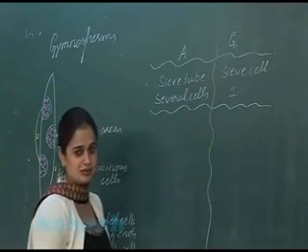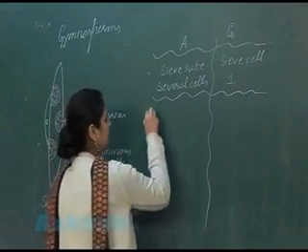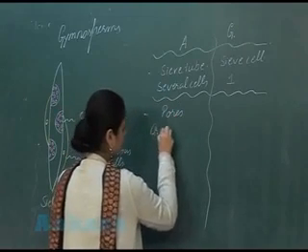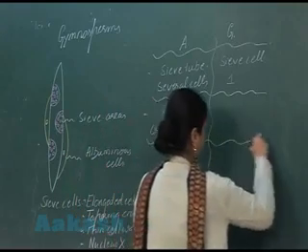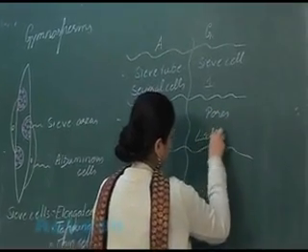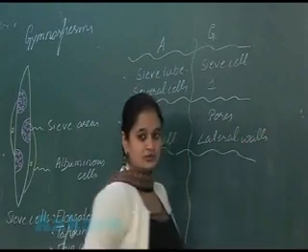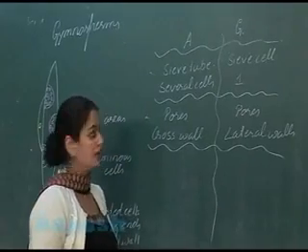They are single cells. In the sieve tube, the pores, they are present on cross wall. Here, the pores, they are present on lateral walls. The pores are present on the side walls.